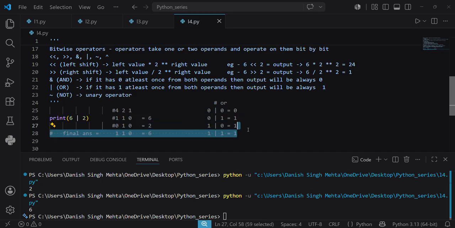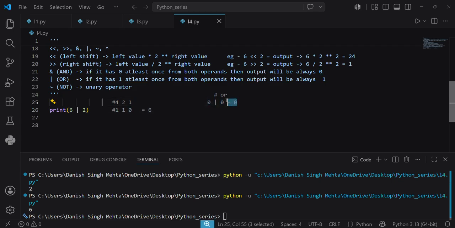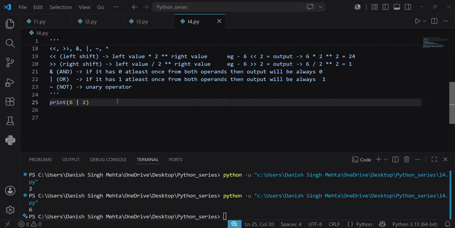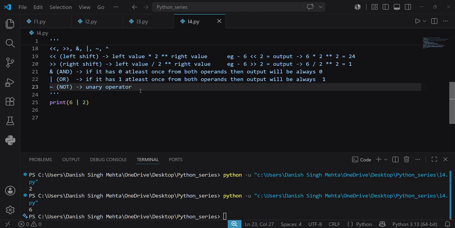So similarly, we use only one value. Unary operator means it is used with only one value.